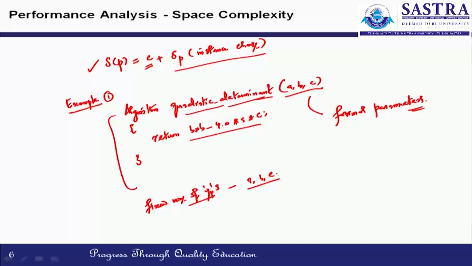Fixed number of inputs, so fixed size components, three variables are there, A, B, C. During the execution of the algorithm, whatever the values of the variables A, B, C, integers or floating point numbers, let us assume that each variable takes one word of memory. So clearly the variable A takes one word of memory, the variable B takes one word, and the variable C takes one word, whatever the values of A, B, C.